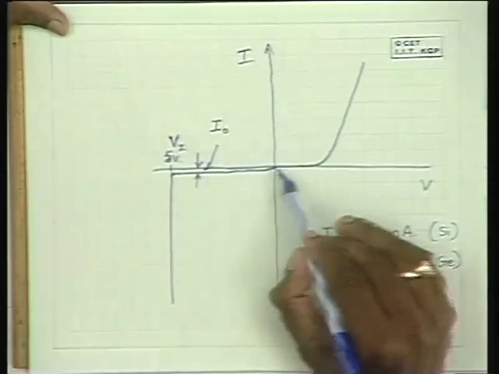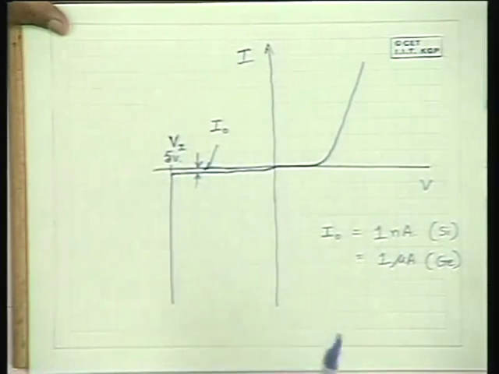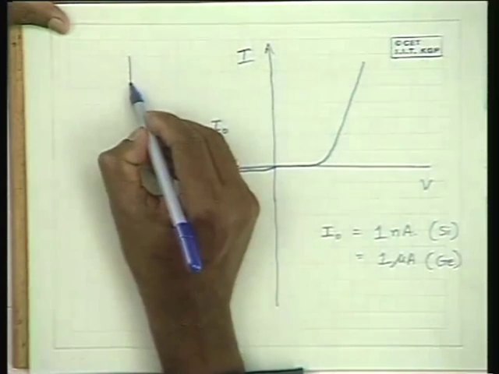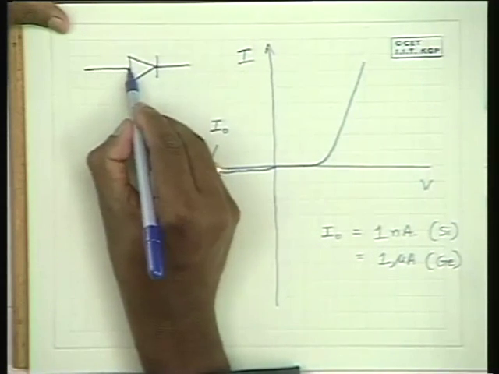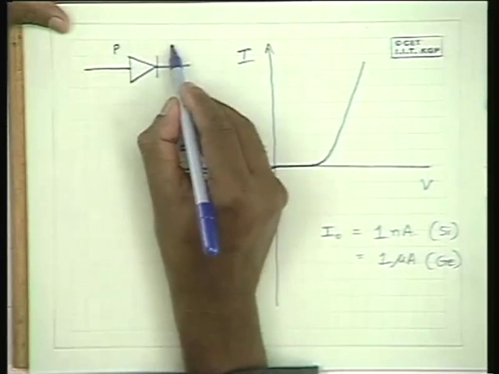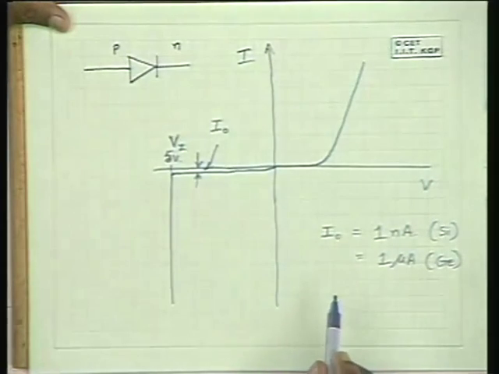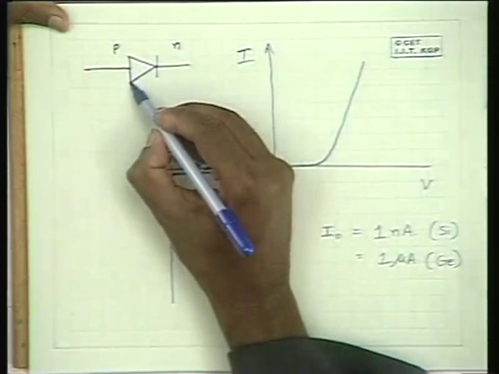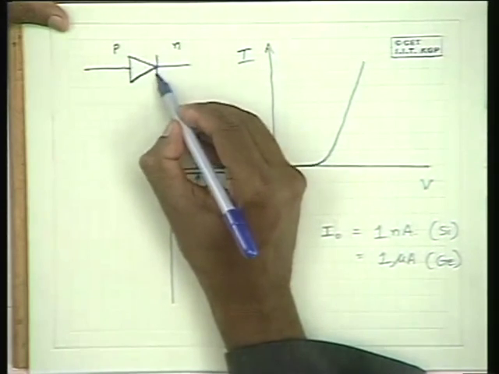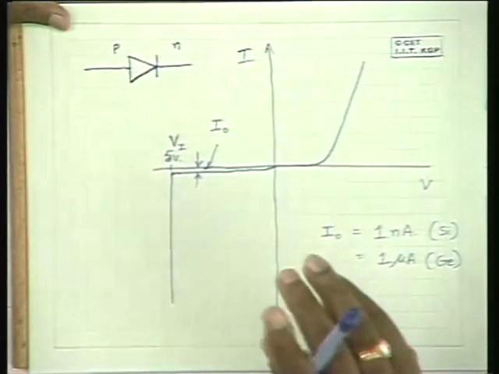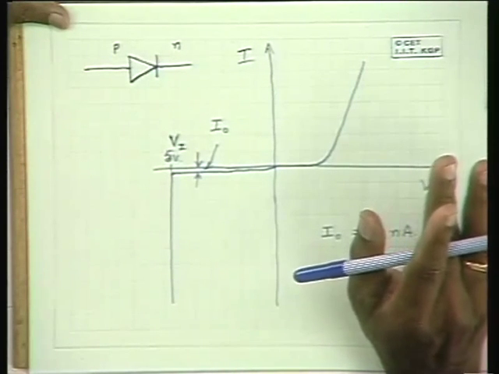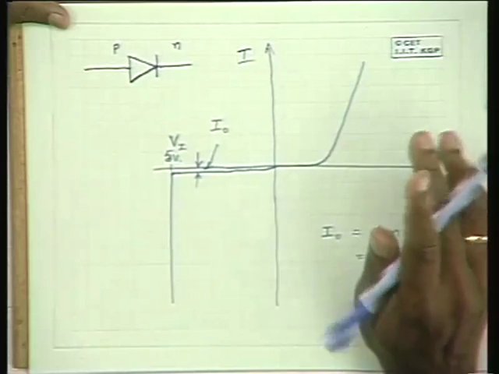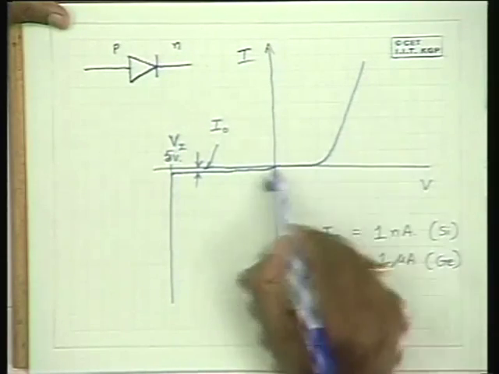Now this is the characteristics of a PN junction diode, and the symbol used for a PN junction diode is like this. This is the symbol, where this is the P side and this is the N side. Now when you use this diode in some applications, how does it behave? It behaves in this way.